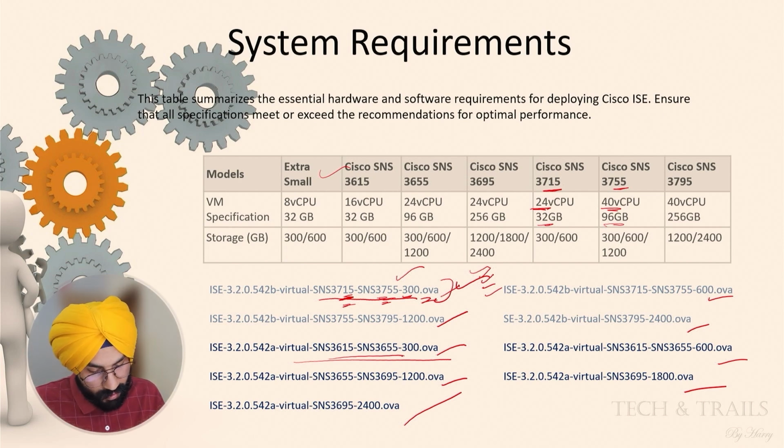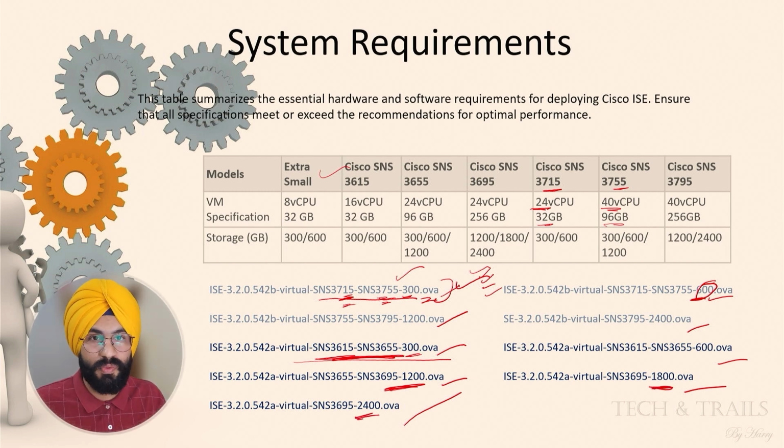Next, similarly 3615 and 55, that is also for PSN. We can go with 300, or we can go with the 600 based on the requirement. But in most cases in distributed deployment, the 600 size we choose for PAN nodes, and this 1200 or 1800 or 2400 we choose for MNT nodes.